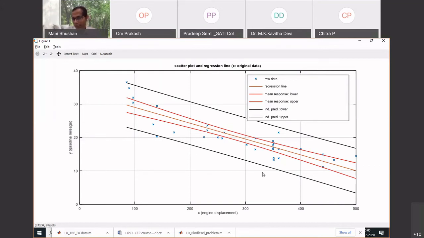It's not very obvious from these curves, but if you could zoom in closely, you would see that the width of the confidence interval, the distance between the top black line and the bottom black line, changes as you vary along the x direction. It is the smallest in the center, at the average value of x.